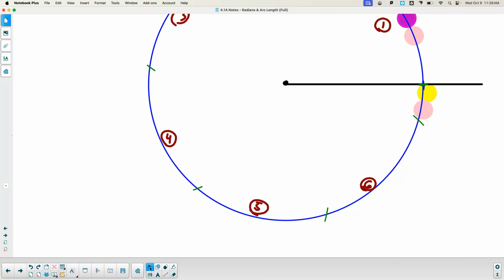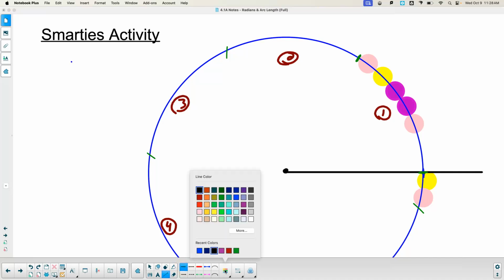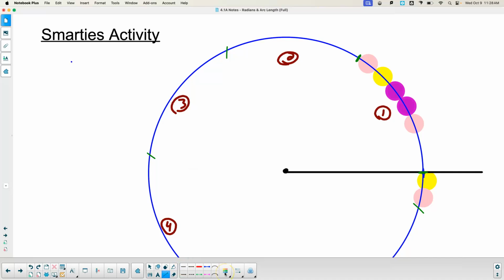Yeah? Okay? And what you also found way back up here on your original one, I'll put it in red. This angle here, can we eat these yet? No. Is 1 radian.